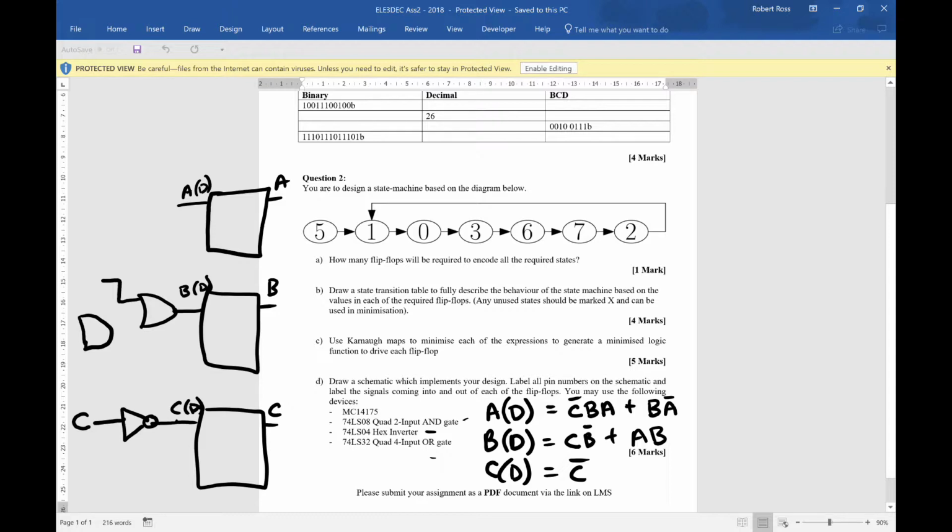Now those AND gates are all 4 inputs. So they're 2 inputs. So we'll need some extra ones in that case. Oh no, this one's fine. 2 inputs, 2 inputs. Our OR gates are 4 input.